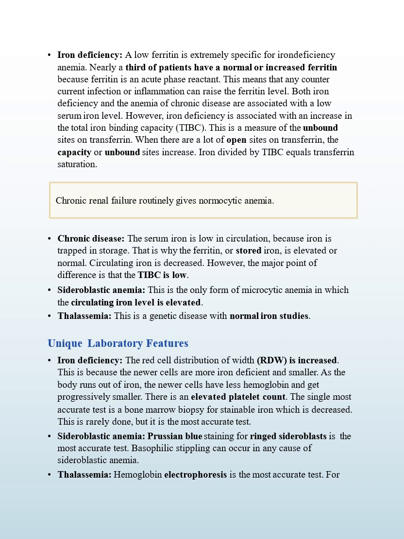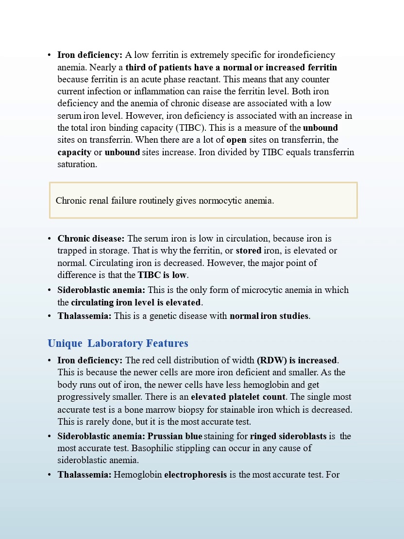Slide number 10 discusses iron deficiency. If we have a low ferritin, this is extremely specific for iron deficiency anemia. We need to remember that nearly 1/3 of the patients have a normal or increased ferritin, because ferritin is an acute phase reactant.